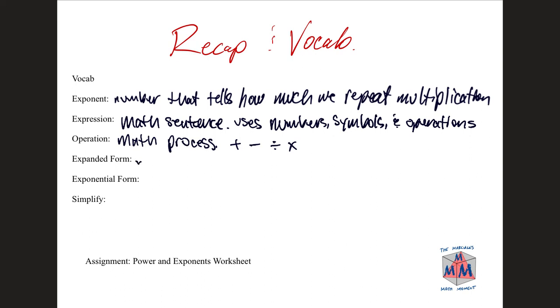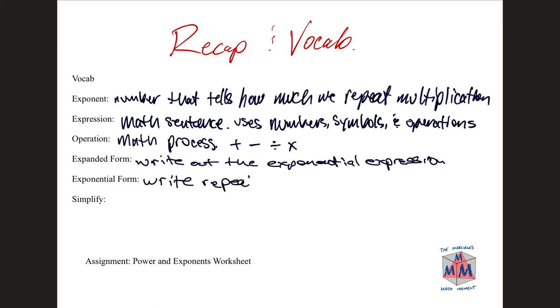Expanded form is when we write out, pardon my penmanship, the exponential expression. Exponential form is, whoopsie daisy, pardon me, when we write repeated multiplication using exponents.